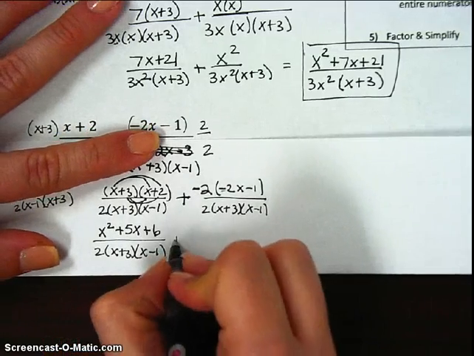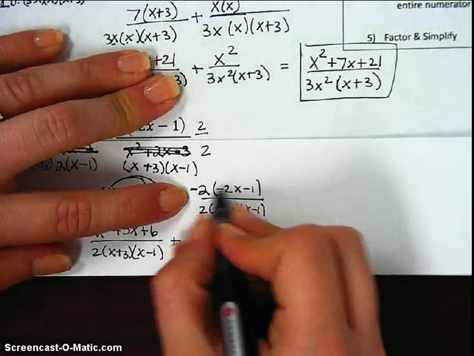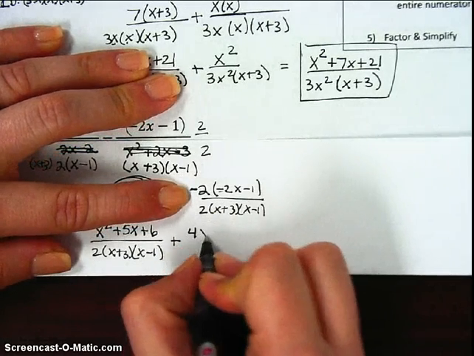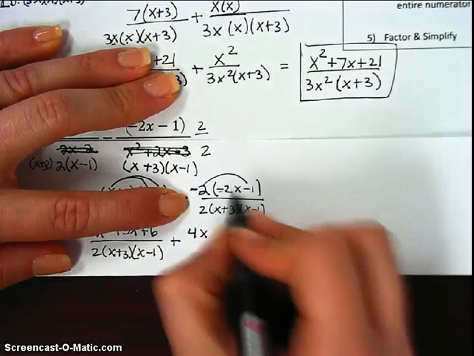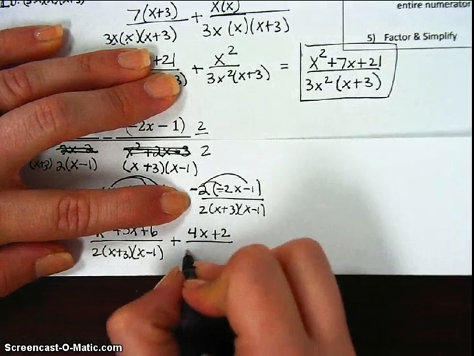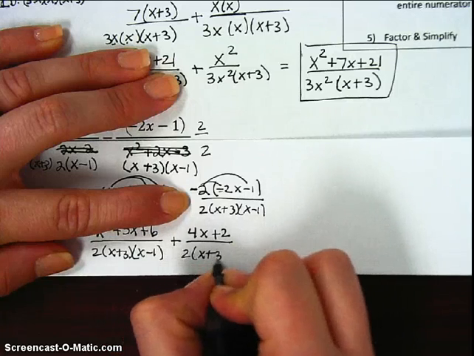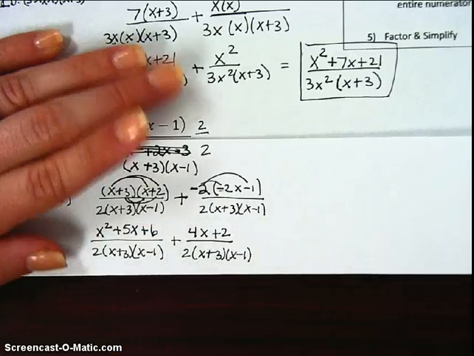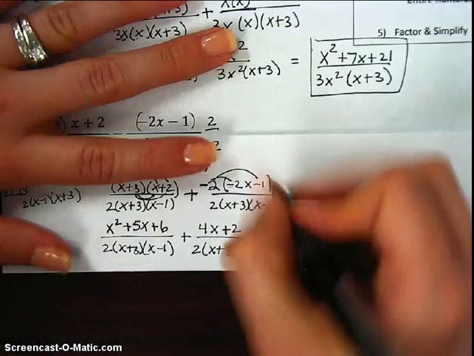So then we'll add to that. Negative 2 times negative 2x will be 4x. Negative 2 times negative 1 would be plus 2 over the same denominator. Okay, so now we're going to combine like terms.